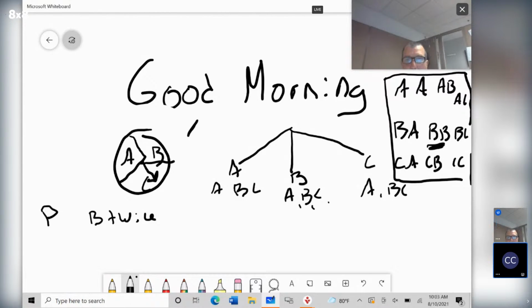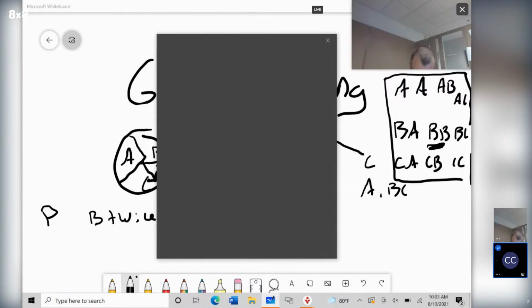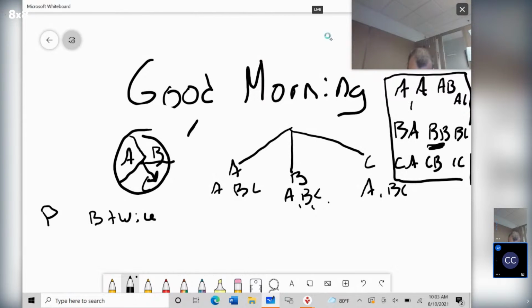One time, it could be BB. So how many outcomes are there? There's 1, 2, 3, 4, 5, 6, 7, 8, 9. So the probability of landing on B twice would be 1 out of 9 times.